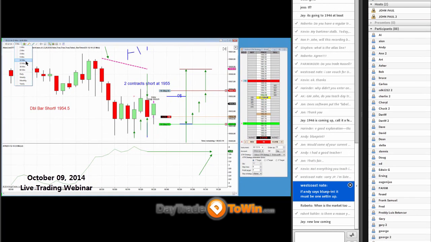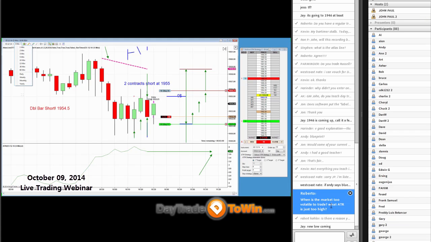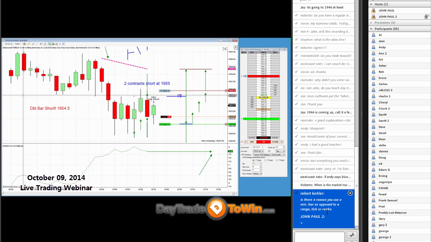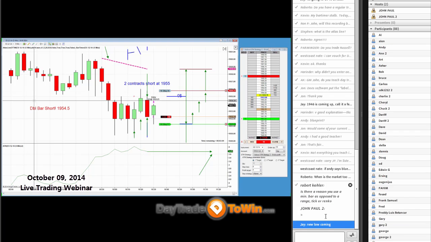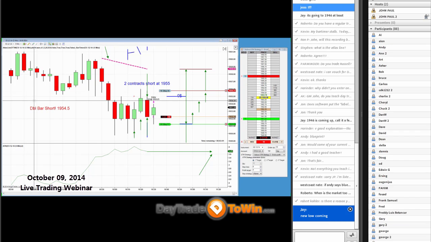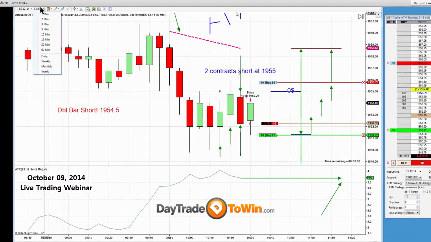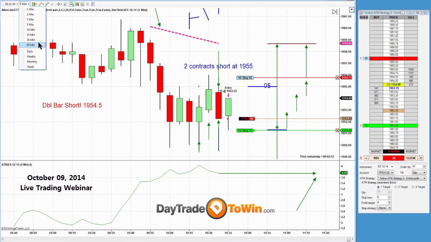So if there's a move that's going to occur, I like to see it happen within a 5-minute time frame, so I can understand there's something happening. Most traders aren't trading a 12-minute chart. They're trading, let's say, a 60-minute chart, or a 30-minute chart, or a 15, or a 10, or a 5. It's all divisible by 5 minutes. So my favorite is a 5-minute chart, Roberto.